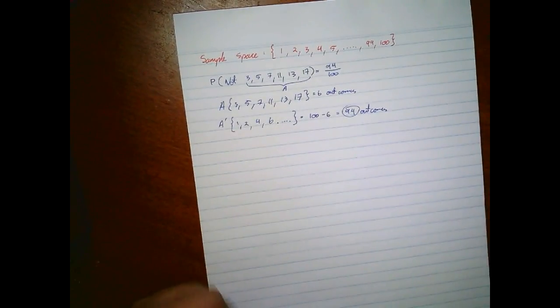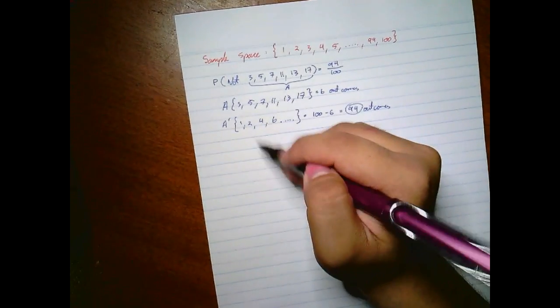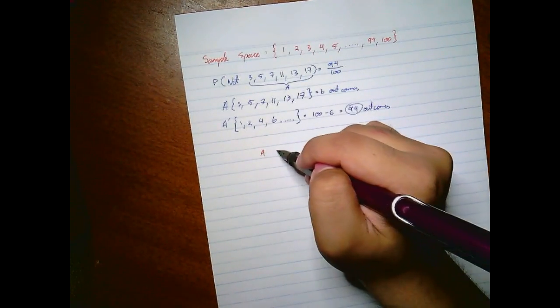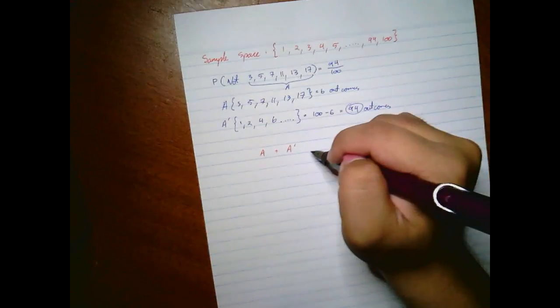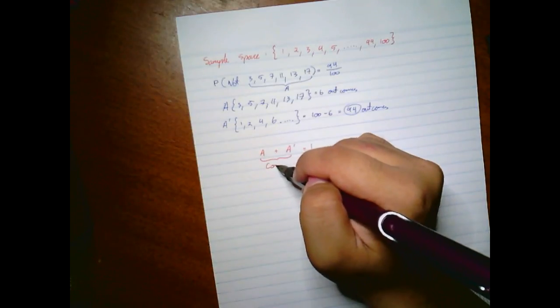Finally, these are what's known as complementary events. So A plus not A equals 1. These events are called complementary.